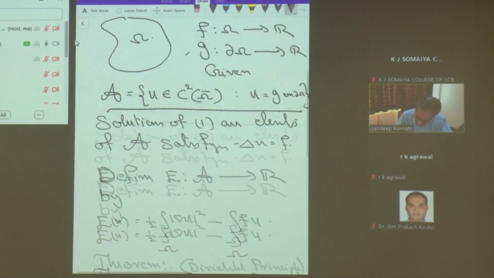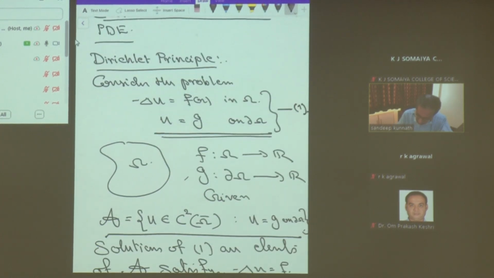What is 1? 1 is this equation: minus Laplacian of u is equal to f and u is equal to g on the boundary.